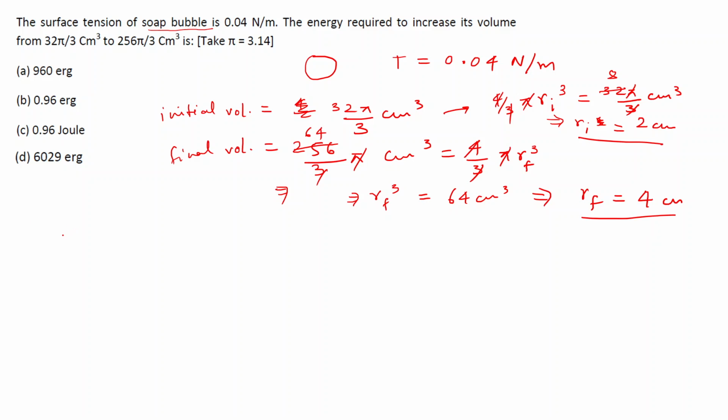That means the increase in area. The surface area for a sphere is given by 4 pi r square. I'm sorry, it's given by 4 pi r square. Taking 4 pi common, it will be RF square minus RI square.